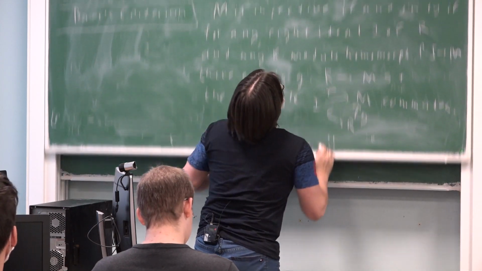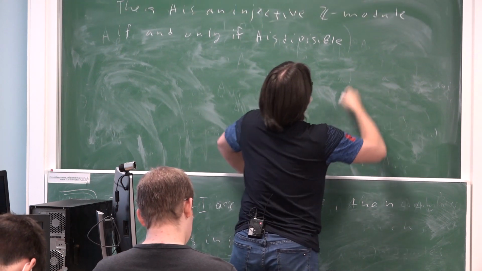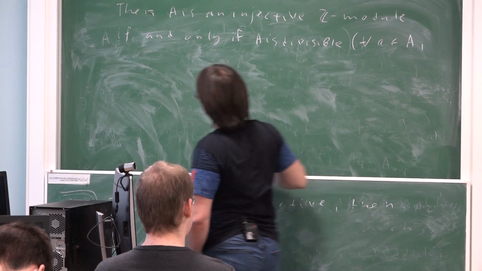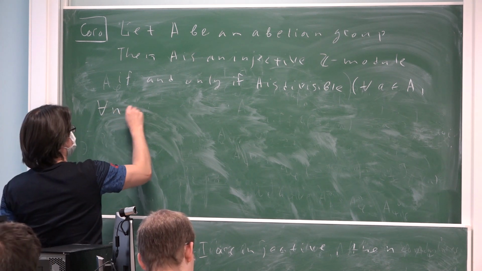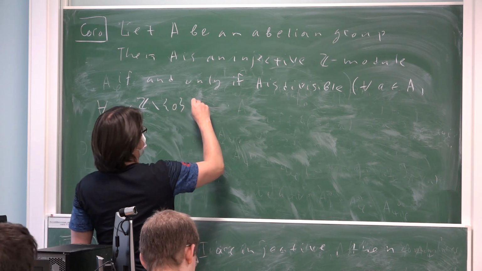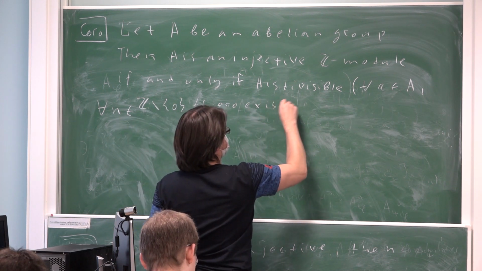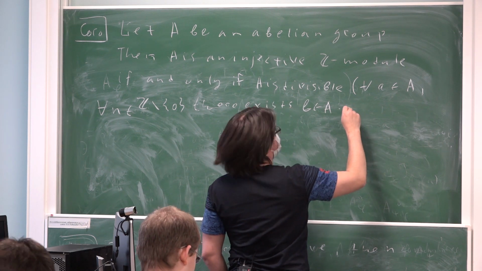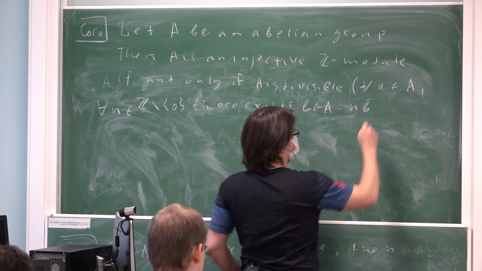Divisible means that for any a in A and any non-zero integer n, there exists b from A such that n times b is a.